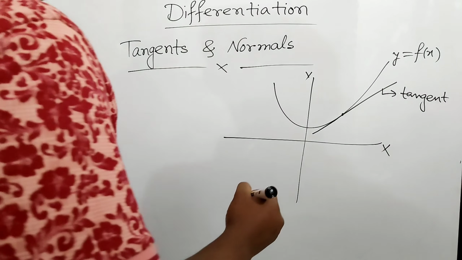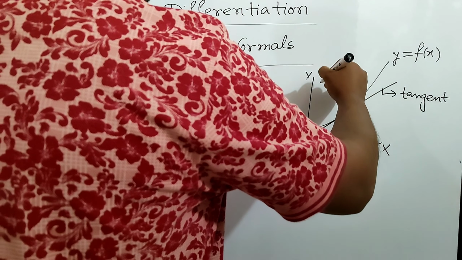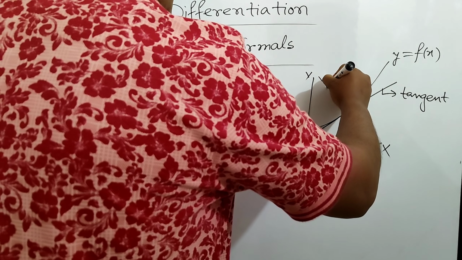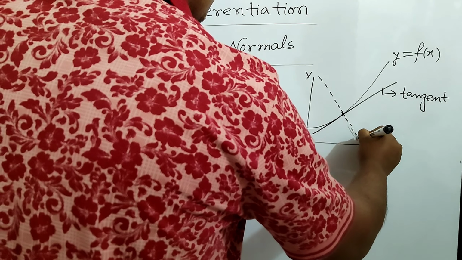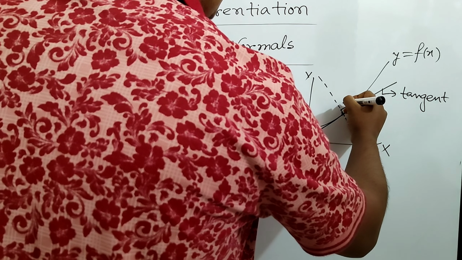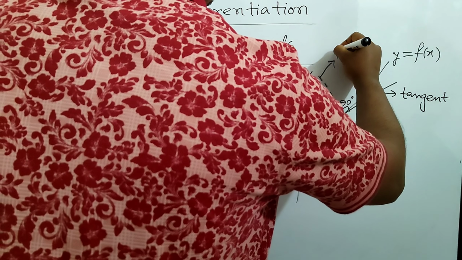Now if we draw a perpendicular line at this point P on the tangent, that is called the normal. This is 90 degrees, so this is called the normal.